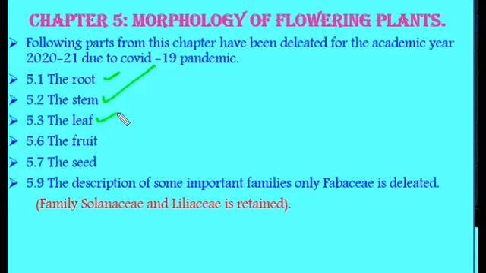We will continue with 5.4 and 5.5 in this video. Further, 5.6, that is the fruit, is being removed, and the seed is also being removed.